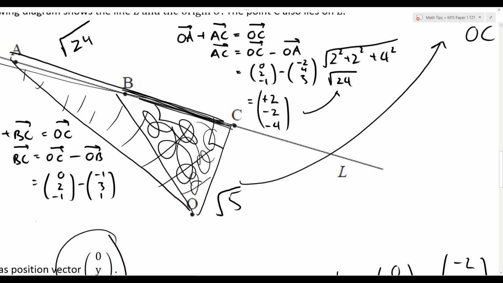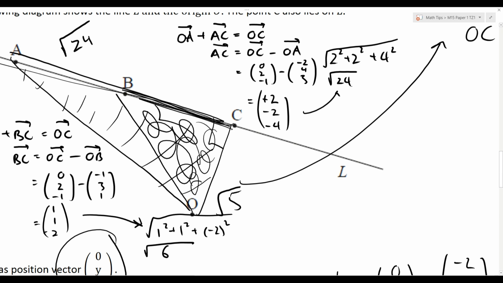So the answer to this is 1, 2 minus 3 is minus 1, minus 1 minus 1 is minus 2. And then the magnitude, therefore, is 1 squared plus 1 squared plus minus 2 squared. Take the square root, which is root 6. So we know that this part is root 6.